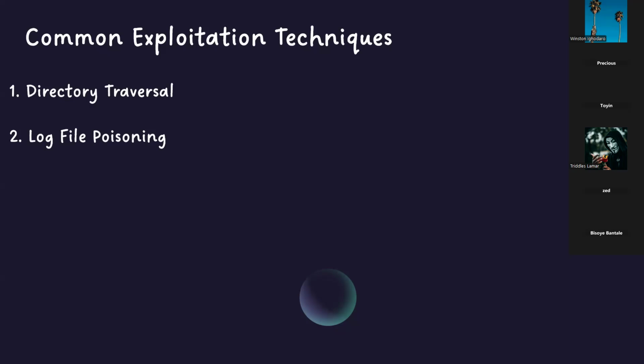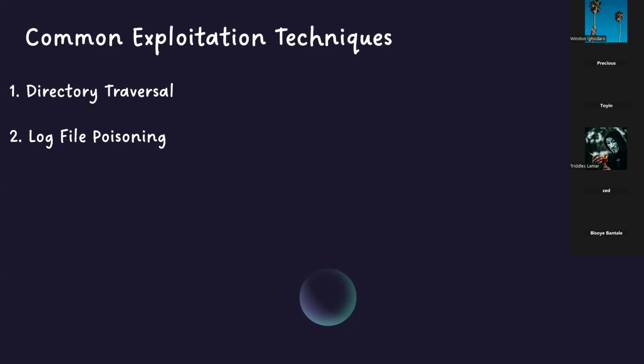In the input field, the attacker inputs commands so they get recorded in the log file, and they input executable code. Then the attacker uses LFI, which is local file inclusion, to include the logs, causing the server to execute the malicious code. So first, they have to inject the code into the log file, then use LFI to include the file so the server runs their malicious code. It could be a reverse shell, it could be malware, it could be whatever it is.